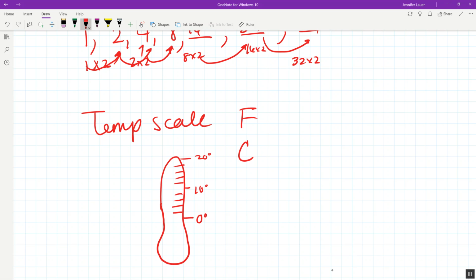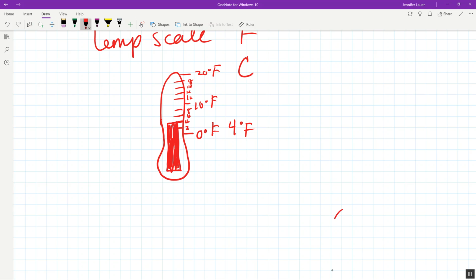So if we start at 0 and we get to 10, we know it's 2, 4, 6, 8, 10, 12, 14, 16, 18. So your first job is to figure out the scale. Once we do that, we can figure out what it's shaded up to. So here I can say, well, this is in Fahrenheit. So I can say this is reading 4 degrees Fahrenheit.